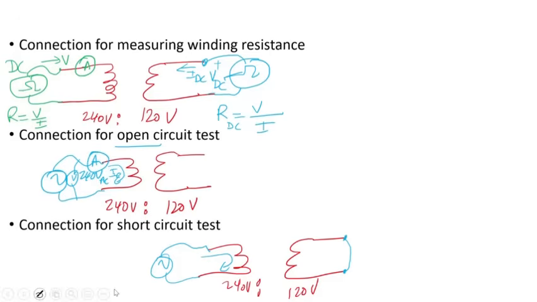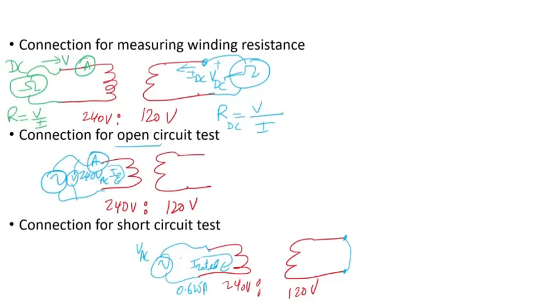So you apply AC voltage until you circulate the rated current. In this case, it's 0.625 amps. Then you stop.